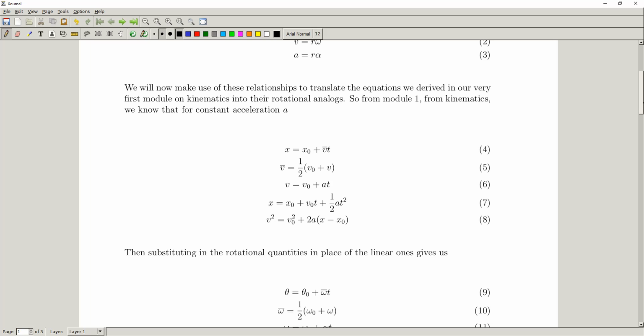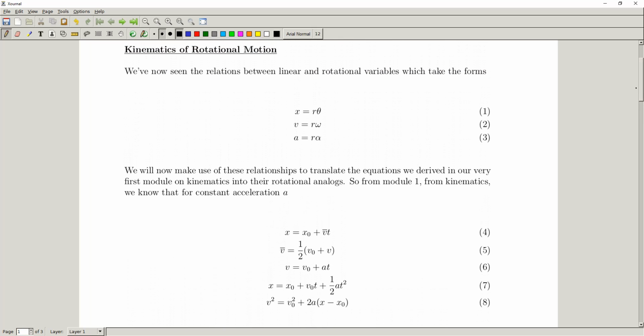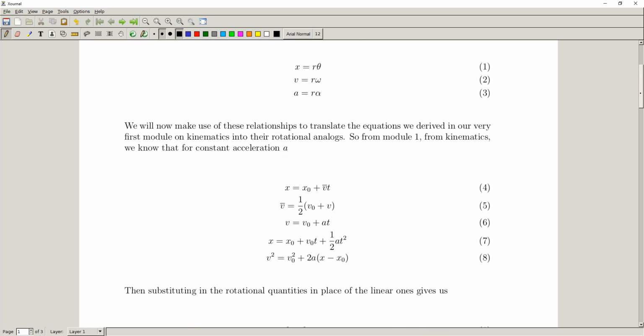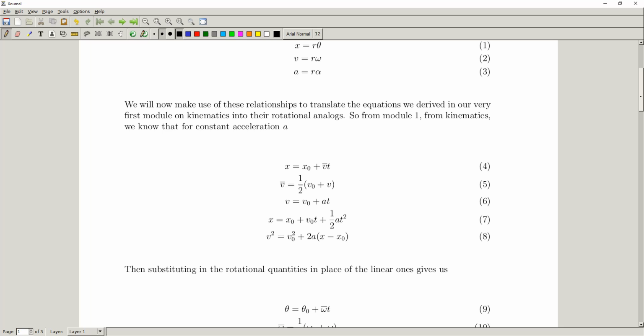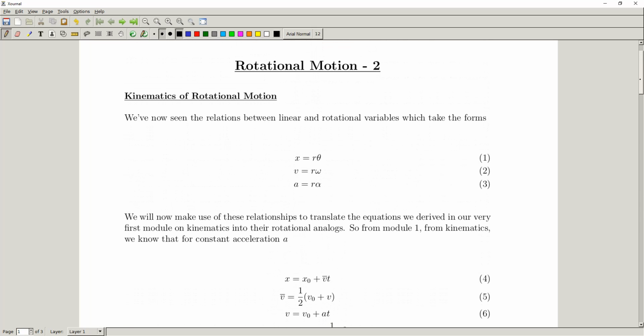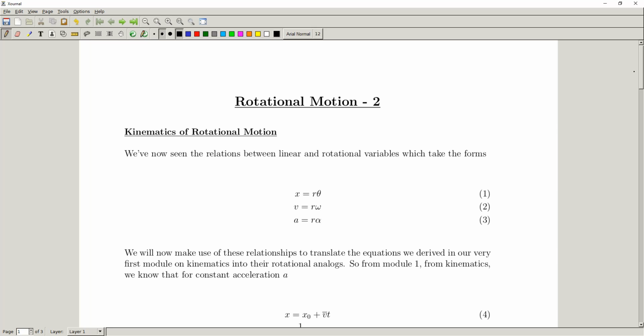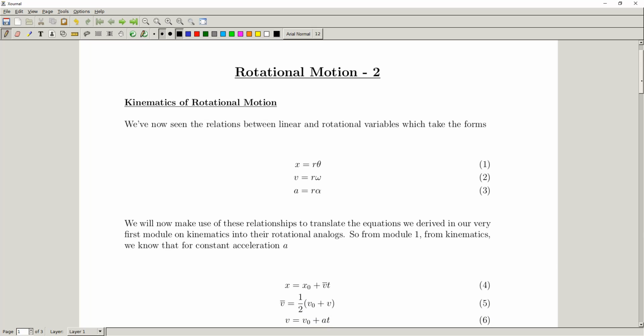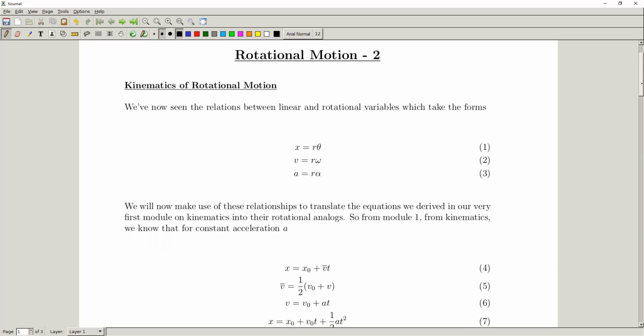And using this rubric that lets us translate from linear to rotational language, we can translate all these equations into useful similar equations that let us do calculations in rotational kinematics, and so that's the title of this section, right? So kinematics of rotational motion. So we're going to be doing kinematic calculations for rotational systems, for rotational motion.